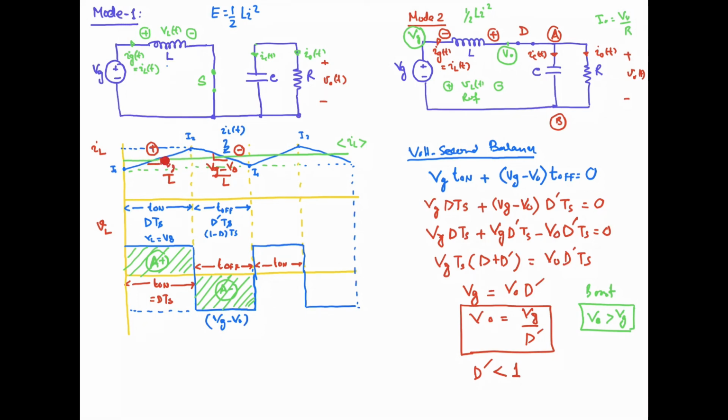Inductor current is basically your source current, so the source current only in the on interval is passing through the switch S. So for switch S, I can say that the average current will be equal to D times the IG, because the total current is IG, and for the D interval, or the on interval, you have the switch current. I am going to mark it I S1, that is the current through the switch. That can be worked out with the help of this expression.